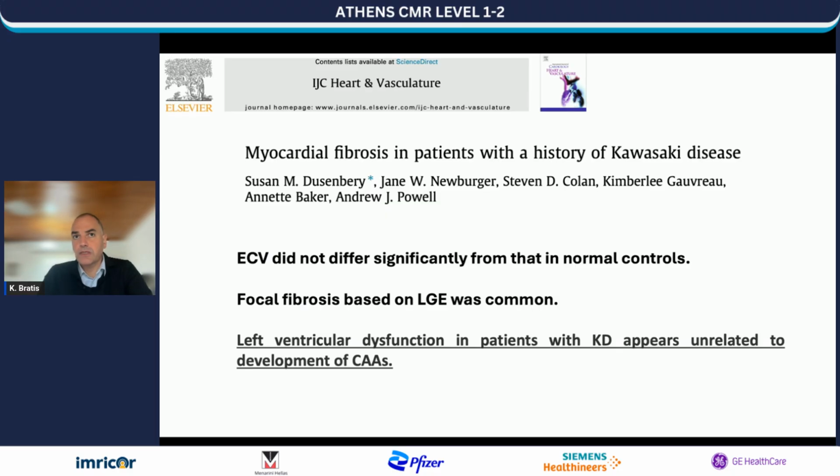There are no studies, to my knowledge, and up to the point that I managed to look through the literature, on metric analysis of the vessel wall in Kawasaki. In general, the metric, parametric analysis of the vessel wall is quite challenging because, of course, of the spatial resolution.